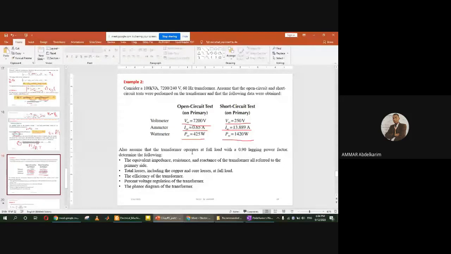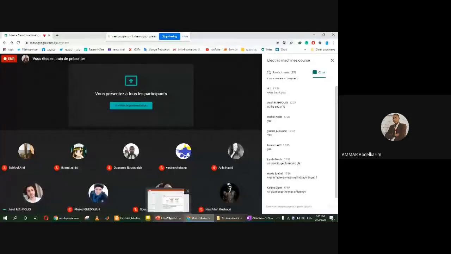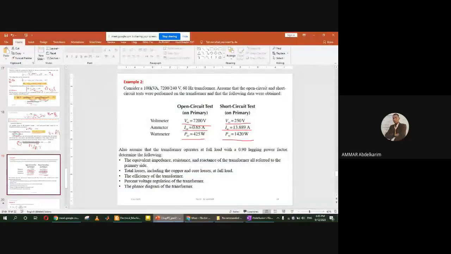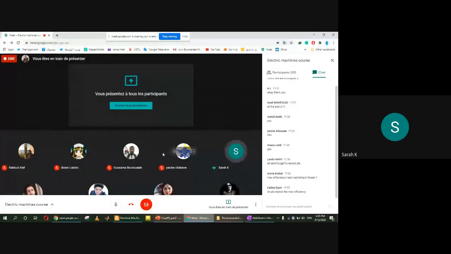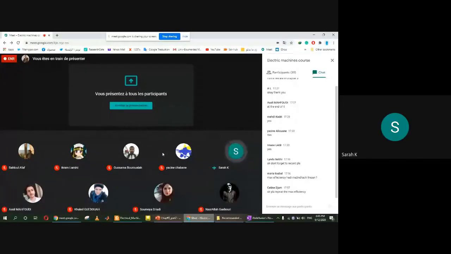If we do the open circuit on the secondary, that secondary becomes primary. So from each side, we choose the side to give the input voltage. Exactly. We apply the same rules, but the voltage will be different, the voltage of the secondary. Yes, sure.